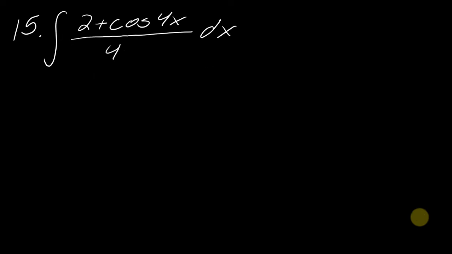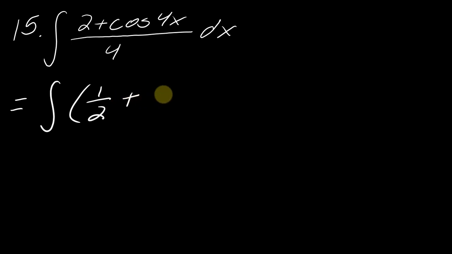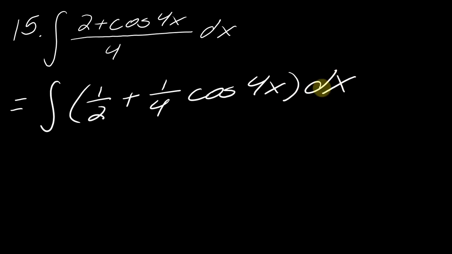Okay, for number 15, I've got an indefinite integral. So this one actually is pretty straightforward in that I can break this up into pieces to make my life much easier. So this will become 1/2 plus 1/4 cosine of 4x. And now I can just use my standard integration or antiderivative formulas to finish this.